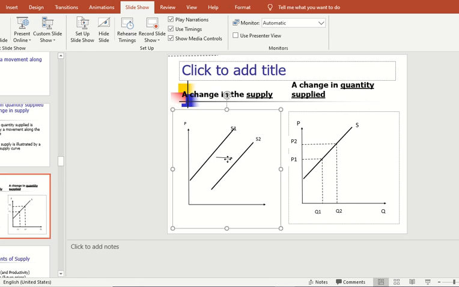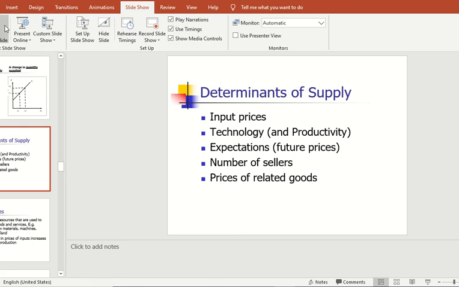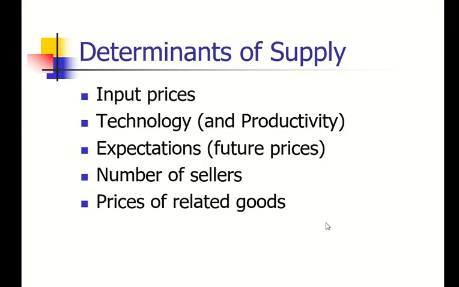When you look at the left-hand side here, even if the price doesn't change, you can still see that the quantity supplied increases. That means there are factors other than the price of the good itself that have caused this change. We call these factors determinants of supply.